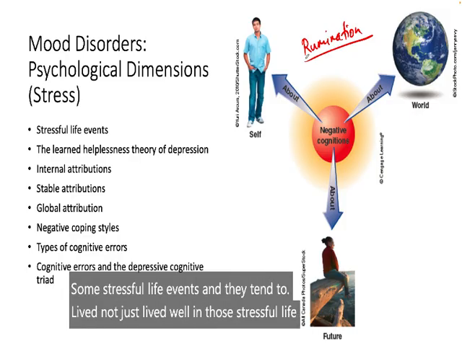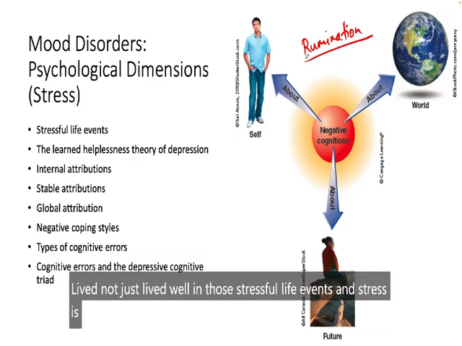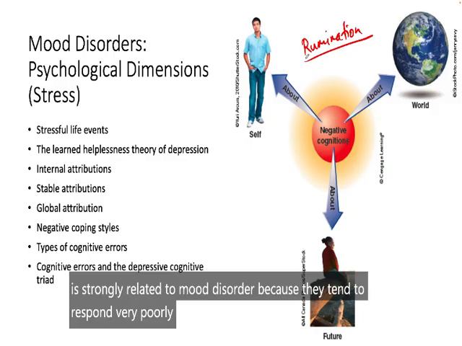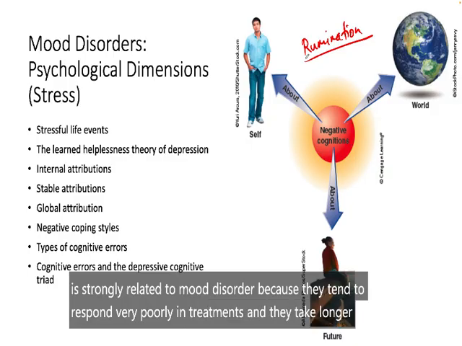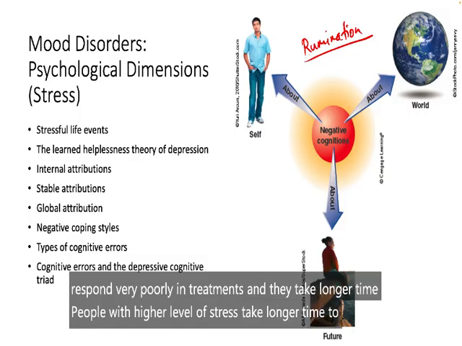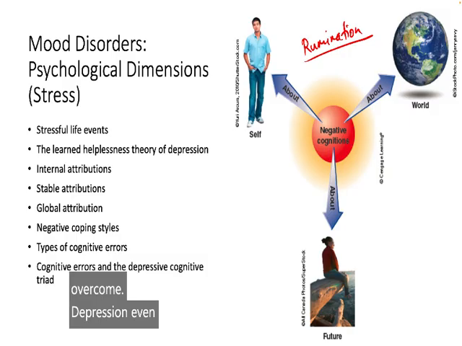And stress is strongly related to mood disorder because they tend to respond very poorly to treatments and take longer. People with a higher level of stress take longer to overcome depression. Even the remission takes longer for them.